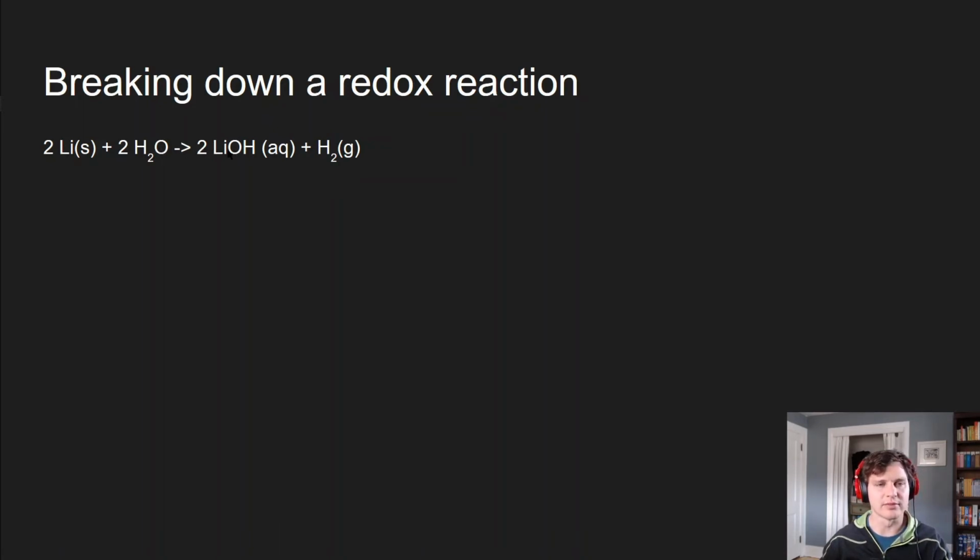Now we have lithium bonded to oxygen and hydrogen, so oxygen is -2, hydrogen here is +1, and that means lithium is +1, which is what we would expect, and H2 gas is 0. So basically, in this reaction, two lithiums donated their electrons to hydrogen. That's what causes that rapid explosion.